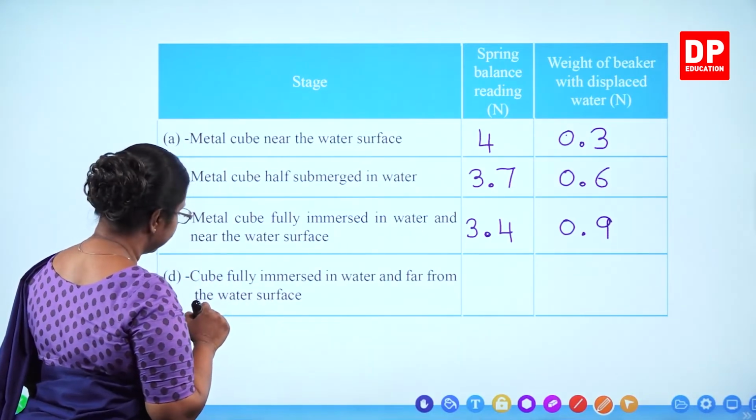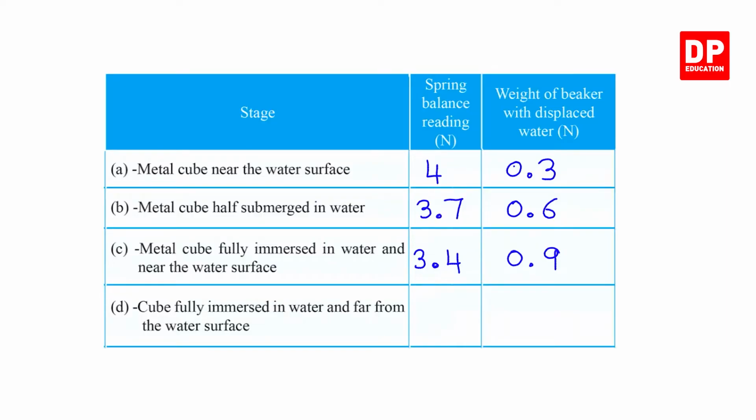Then the last instance, cube fully immersed in water and far from the water surface, also had the same readings, 3.4 Newtons and 0.9 Newtons. Those were the observations that we got.